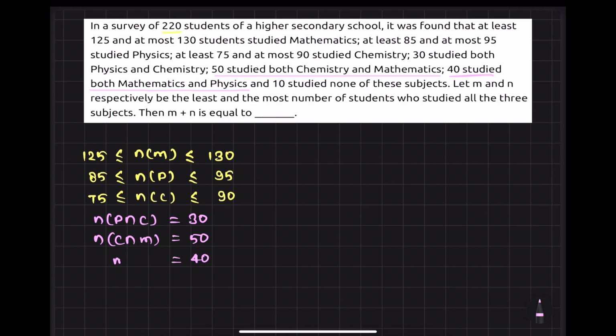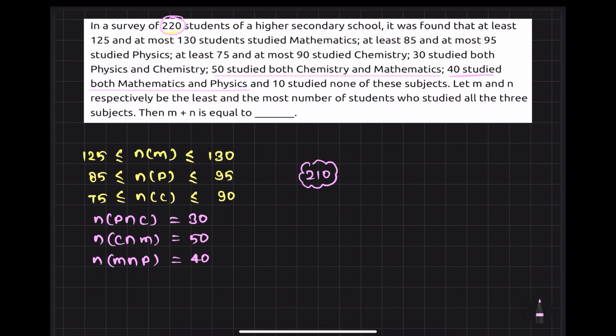Ten studied none of these subjects. So overall it was 220, and you will count the rest as 210.